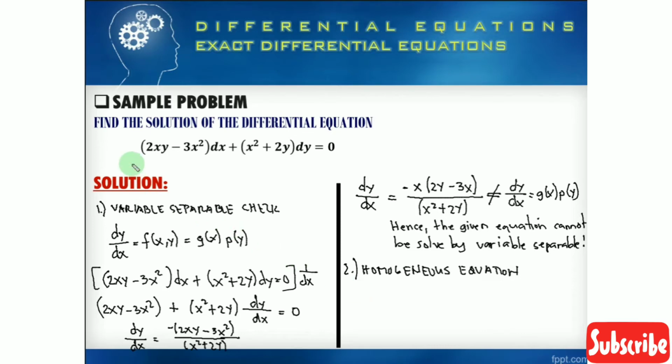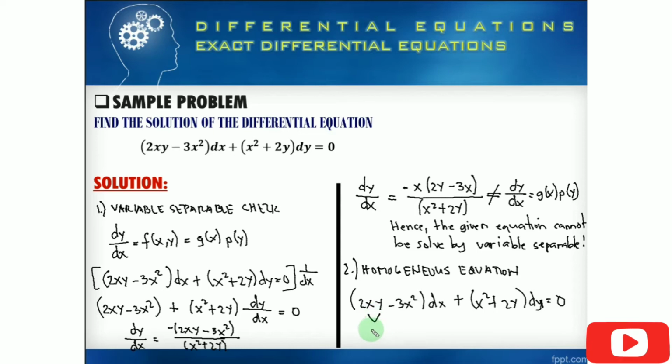From the given, we have 2xy minus 3x squared, and this is dx, plus x squared plus 2y, and this is dy, equal to 0.